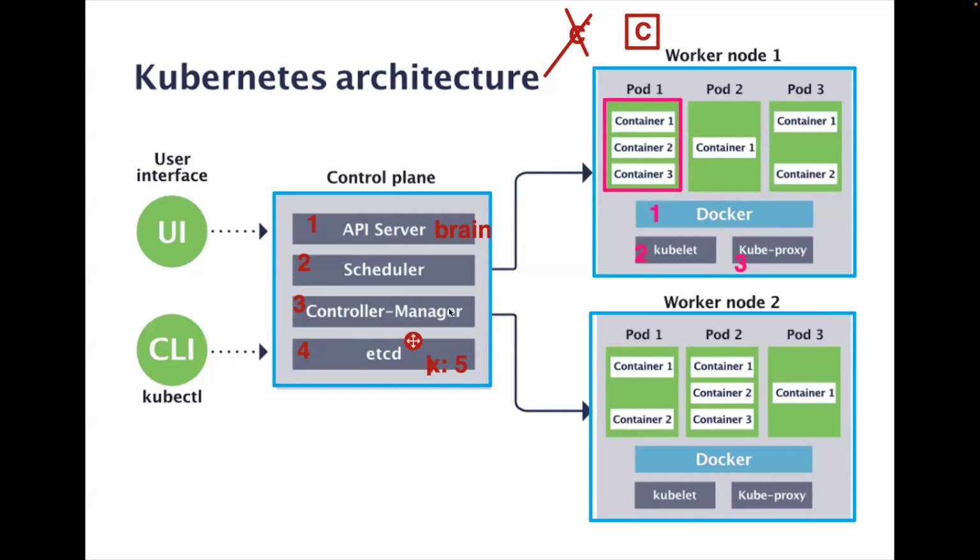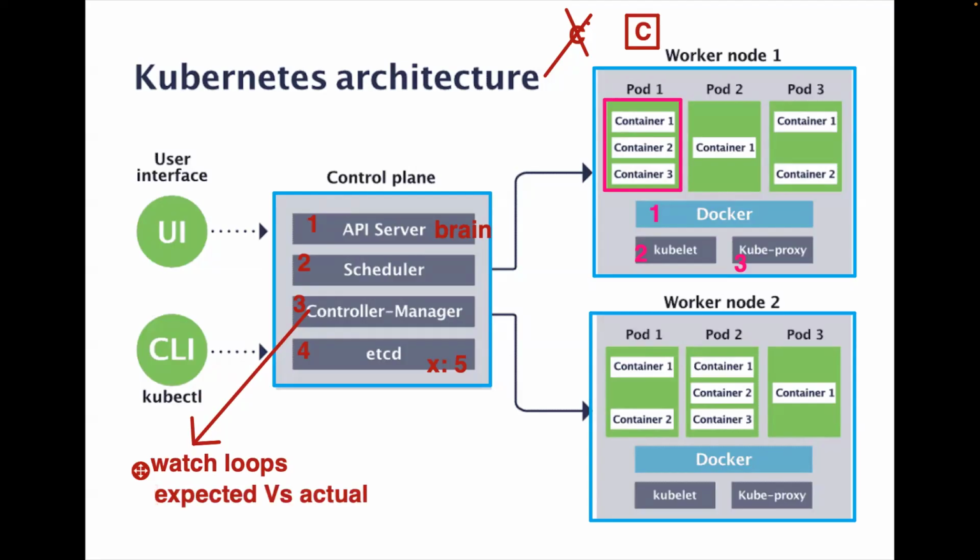Even the controller manager is having so many controllers. We can say the controller manager has all the controllers, and it will have watch loops, unending, non-terminating watch loops, which keep on running to check if the expected state is as per the actual state or not.